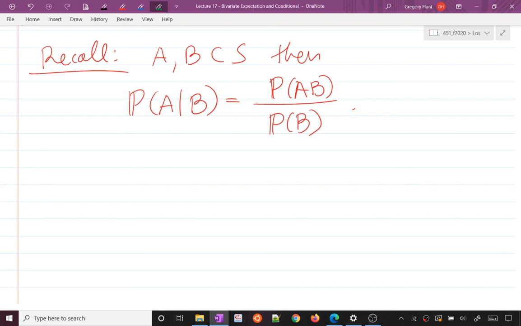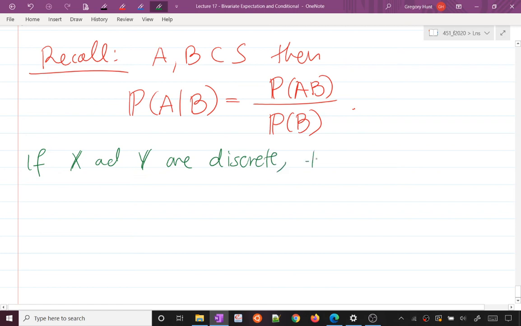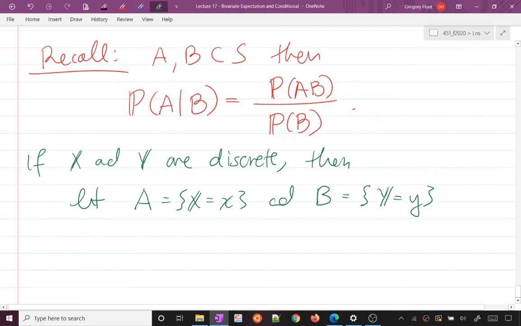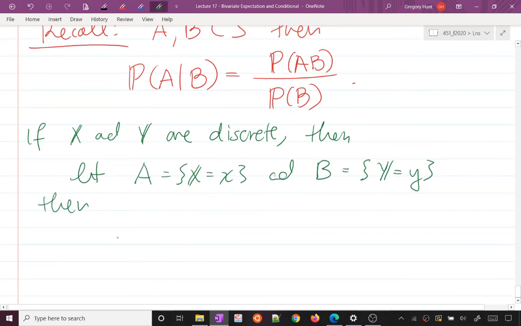So here, if x and y are discrete, then let A be the event that x is equal to some little x, and B be the event that y is equal to some little y. Then we can basically say that the probability of x is equal to little x, given y is equal to little y, and that's our notation for it.